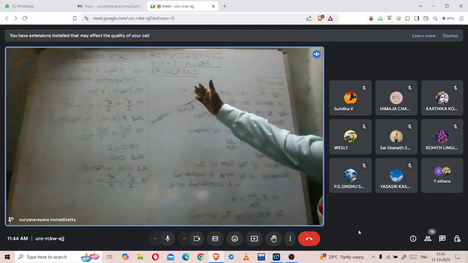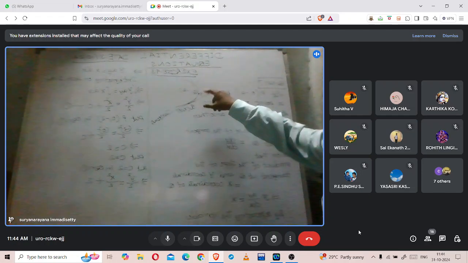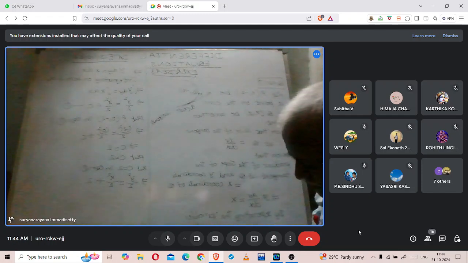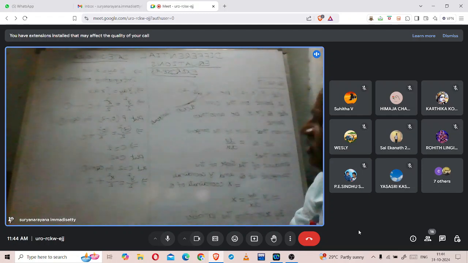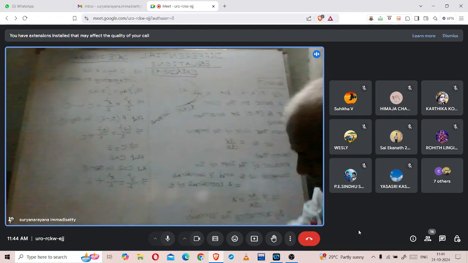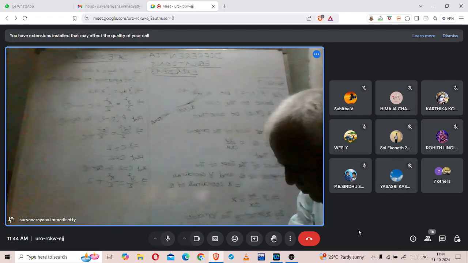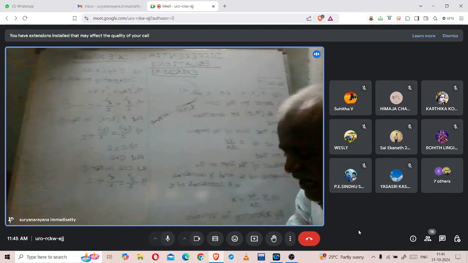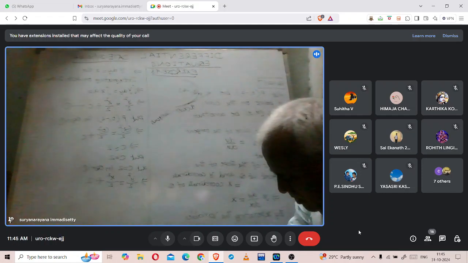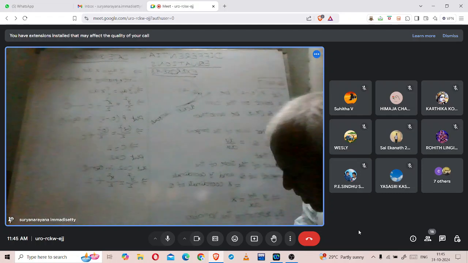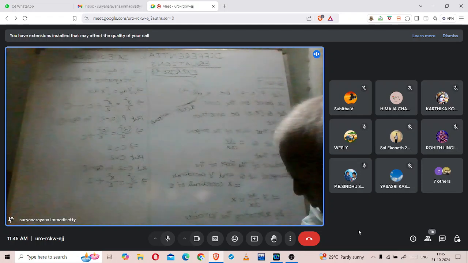Same like this question only. That curve is passing through some point. It is given that the slope of the tangent at Q is twice the slope of the line segment.